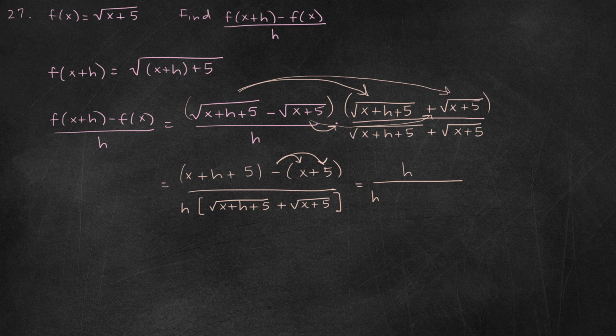And h times square root x plus h plus 5 plus square root x plus 5. In the denominator, the h's cancel. And I have 1 over square root x plus h plus 5 plus square root x plus 5 as my final answer.